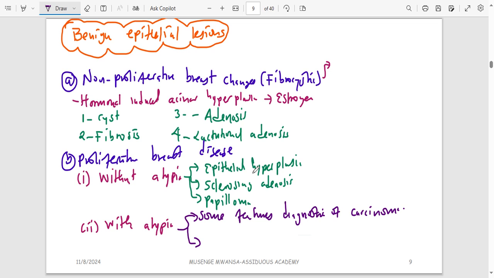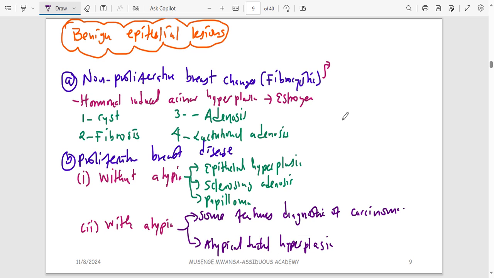We had the normal epithelial hyperplasia, but you also have atypical ductal hyperplasia. So you just see the ducts are now increasing in number, and their cells are showing characteristics of a cancer. You also have what we call atypical lobular hyperplasia.